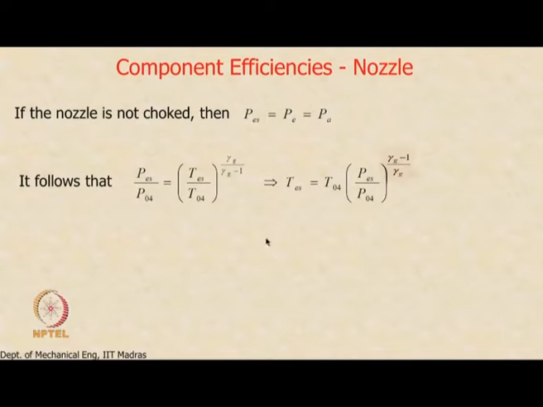And so, then I can write the following: PES over P04, both of these states lie on the same isentrope. Correct? ES and 04 lie on the same isentrope. If you see the earlier figure, you can see that very easily. So, I can use this relationship to evaluate my TES. T04 is known, PES is now known, P04 is also known. So, I can evaluate my exit static temperature this way.